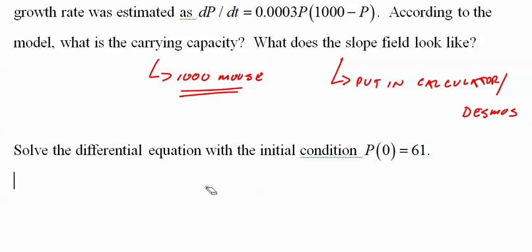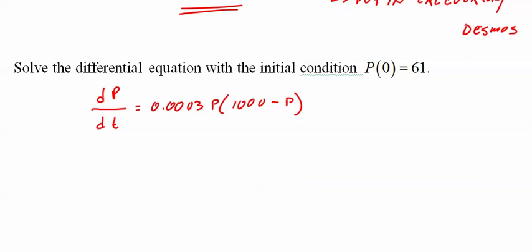Actually, I'm not going to write it this way. dP/dt equals 0.0003P times 1,000 minus P. We will take this and do the separation of variables thing. dP over P times 1,000 minus P equals 0.0003 dt.